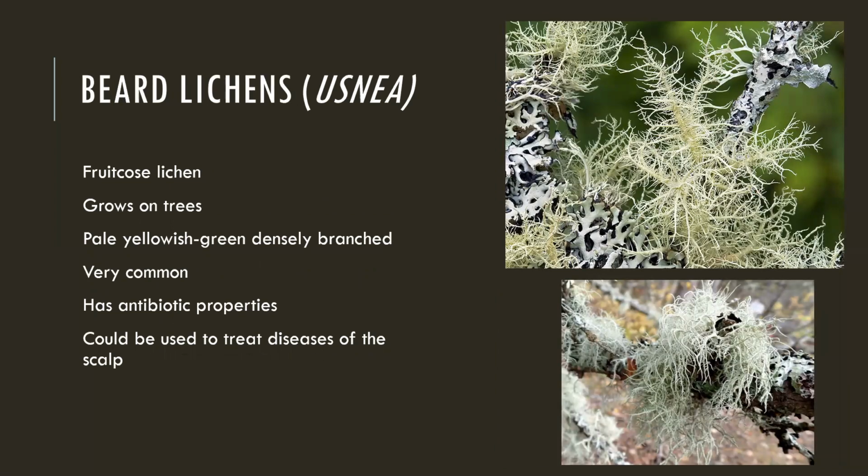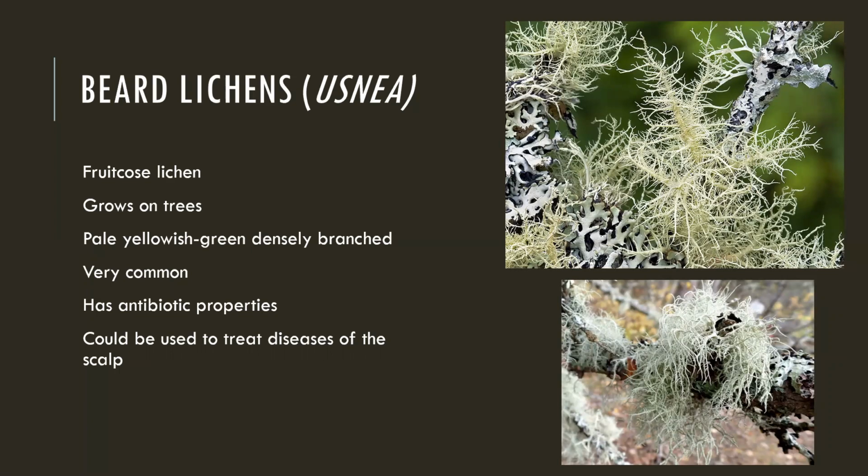Beard lichens, old man's beard, is a very popular lichen that I tend to talk about. It's the lichen that you see growing on all the dead and dying oak trees in the South Coast here. These look like little tiny trees. At least to me, they look like shrubby trees that are growing on tree branches.